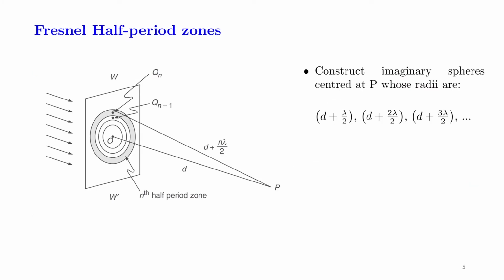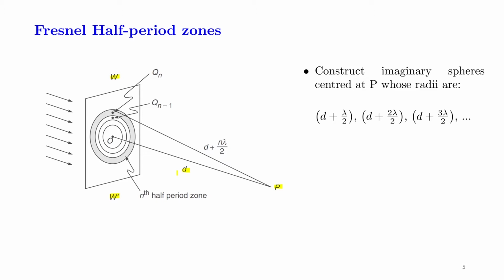We'll start our understanding of Fresnel diffraction with the concept of Fresnel half-period zones. In this figure, W prime is a plane wavefront propagating in the z direction, and P is an arbitrary point at a distance d from the center of the wavefront.